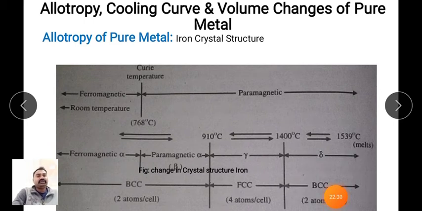So the double headed arrow represents both cooling and heating, from higher temperature to room temperature and from room temperature to higher temperature. This is nothing but a reversible process, forward as well as backward. So this is nothing but the allotropic form of pure metal. Understood?